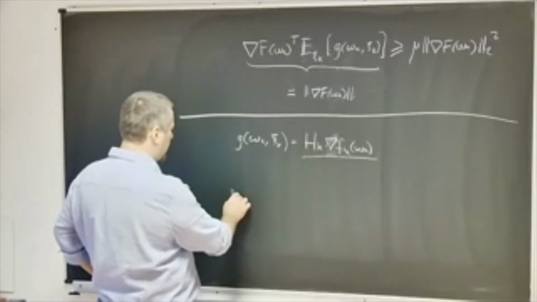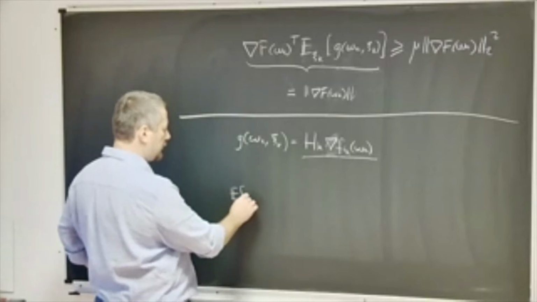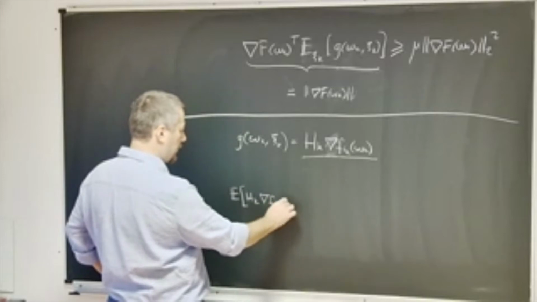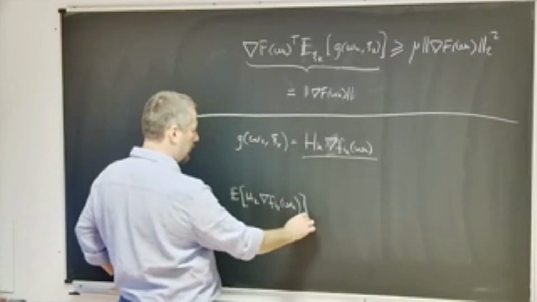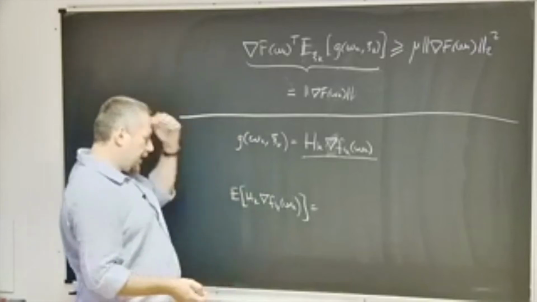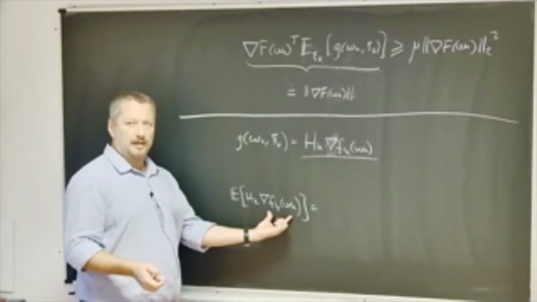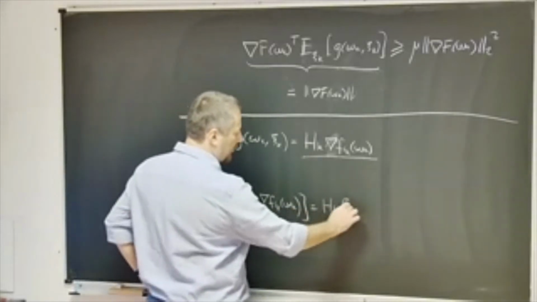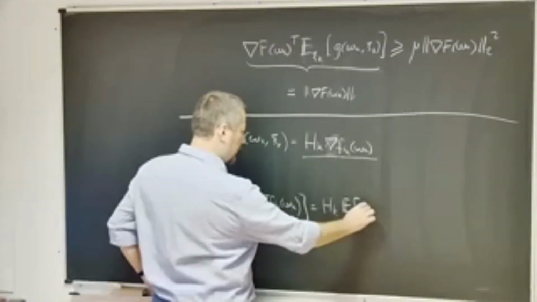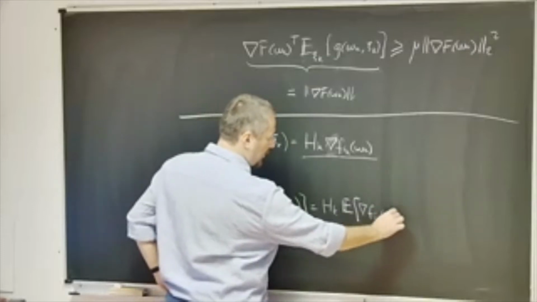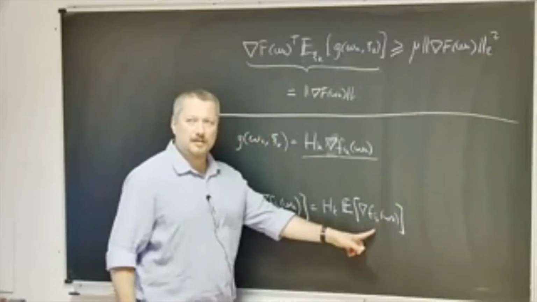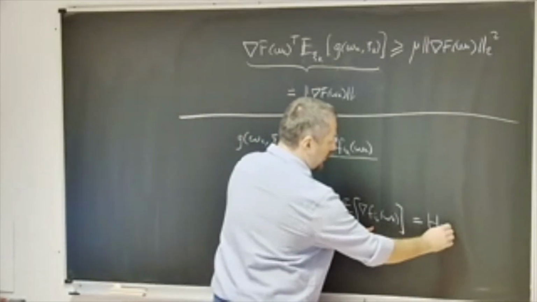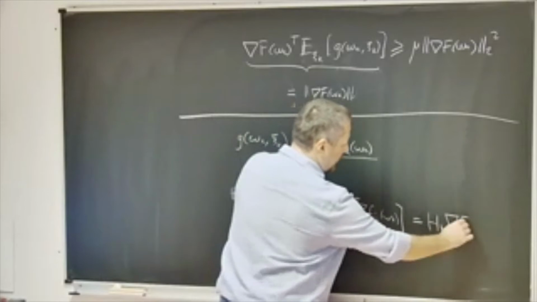And if you take the expected value of this, H_k times the gradient, then since H_k is independent of the sample, you can just take it out and calculate the expected value of the gradient inside. But this is an unbiased estimator for the full gradient. So this is just H_k times the gradient of f at omega_k.